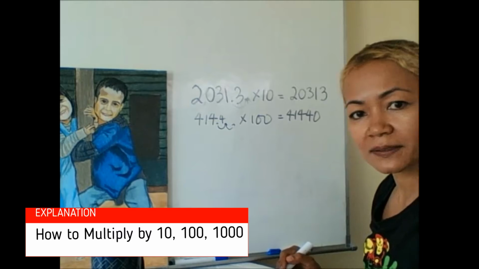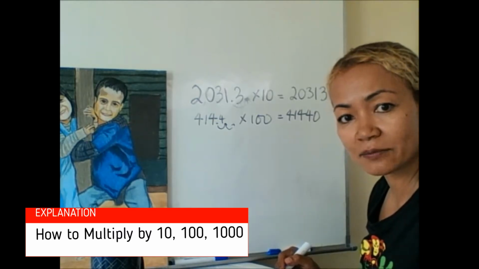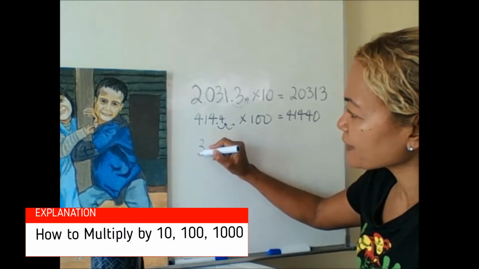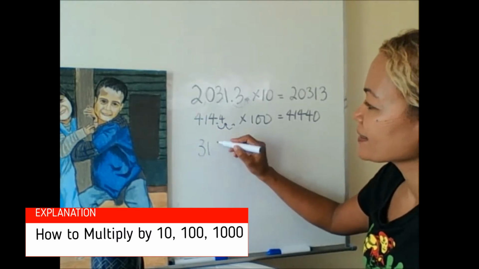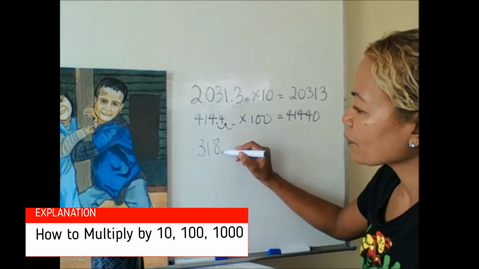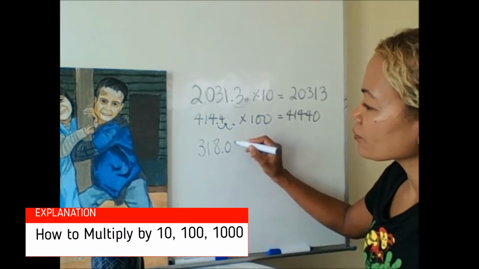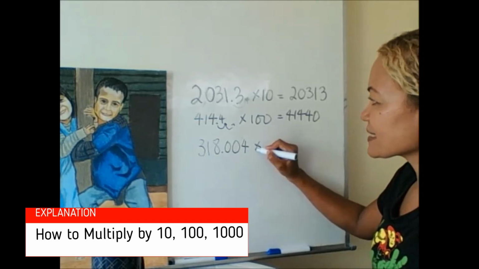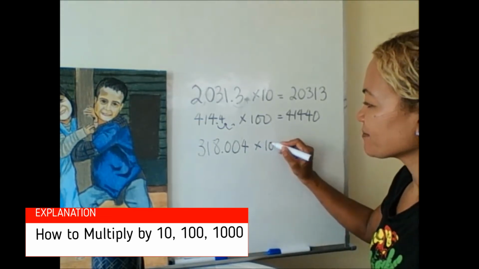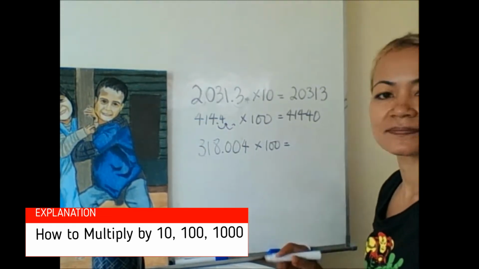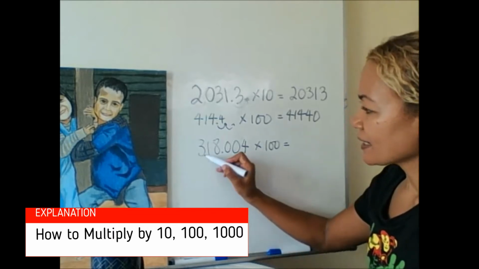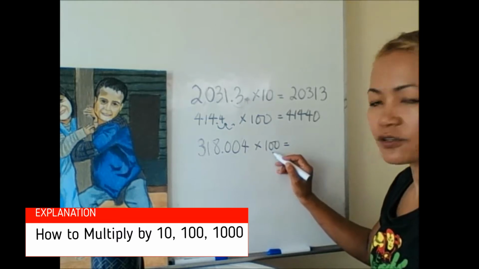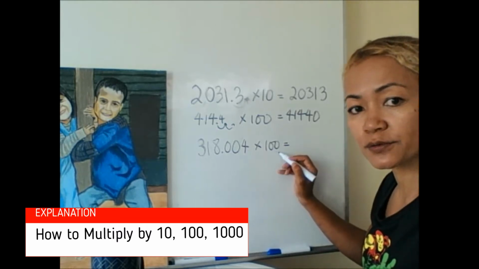Let's do our last one before we tackle some problems. For example, if you have 318.004 times 100 equals. Now this 318.004 times 100, you're multiplying by 100 with 2 zeros here.